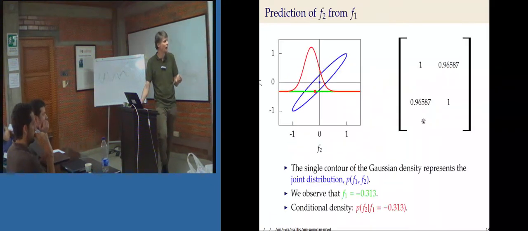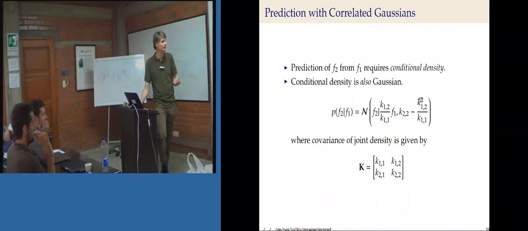But because we don't have quite 100% correlation, we've got this little 0.96 here. So this says that f2 is 0.96 over 1 of f1. So it's 0.96 of f1. So it's like 0.313 times 0.96. And then this term here is 1 minus 0.96 squared divided by 1. Yeah?